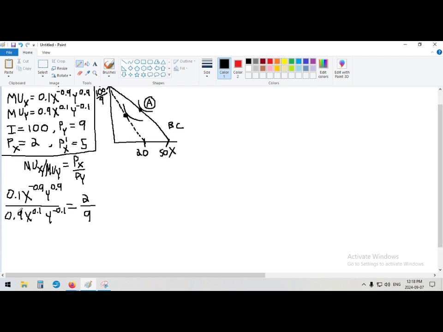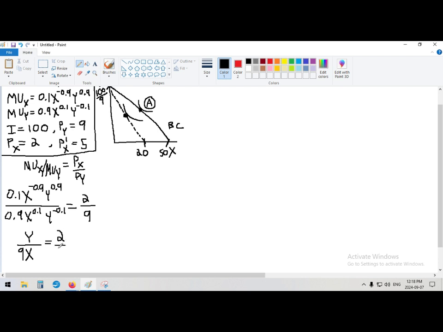So let's see if we can solve it out pretty easily if everything's lined up vertically. Here we have just 1 over 9 with the decimal point, so that's going to be over 9. For X, we have to subtract the exponents. So we have negative 0.9 minus 0.1, so that'll be negative 1. So we have X on the bottom. Then for Y, 0.9 minus 0.1, that'll just be Y to the 1, so we'll have Y on the top.